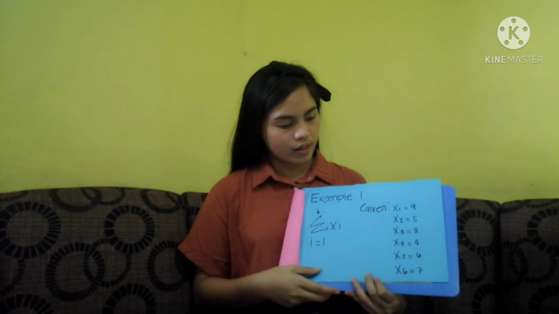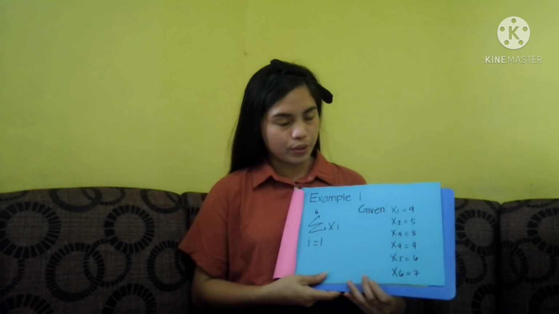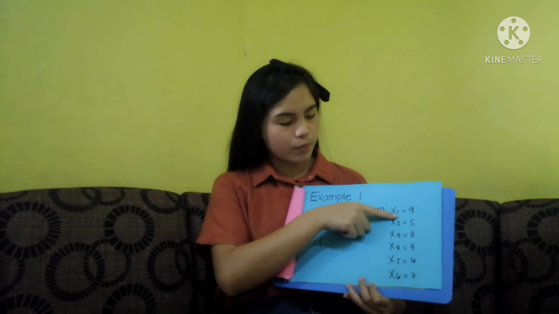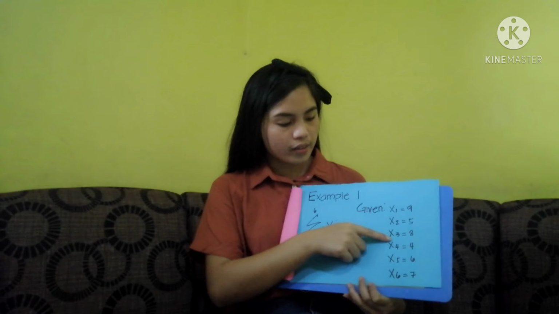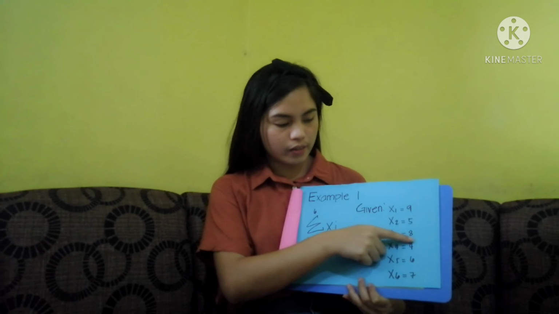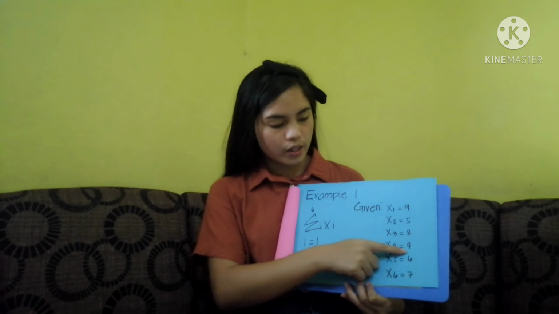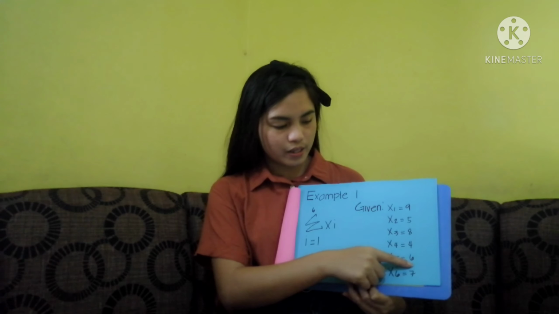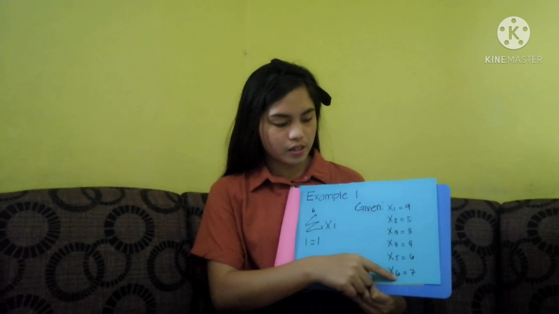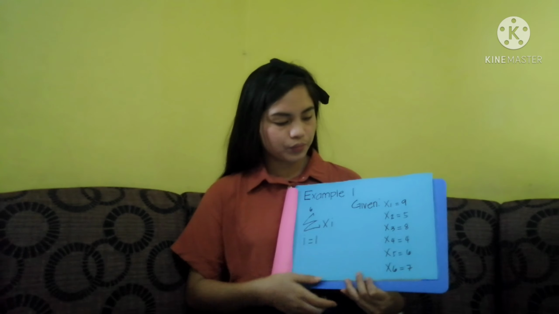Next, how to read these numbers? x sub 1 is equal to 9, x sub 2 is equal to 5, x sub 3 is equal to 8, x sub 4 is equal to 4, x sub 5 is equal to 6, and x sub 6 is equal to 7.